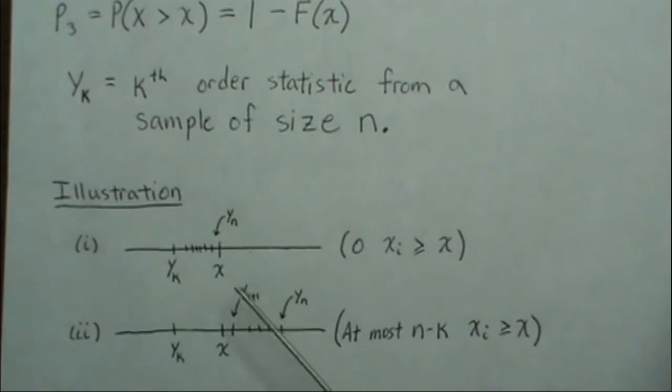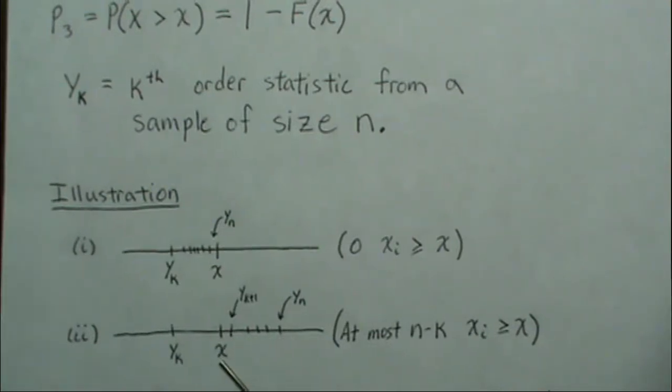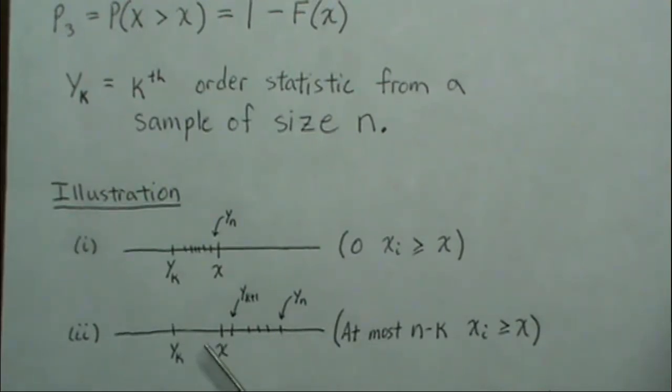Now, if we look at another case, where we're trying to find the probability that Yk is less than x, the other n minus k order statistics could all be greater than or equal to x. So for Yk to be strictly less than x, at most n minus k of the values could be bigger than x.